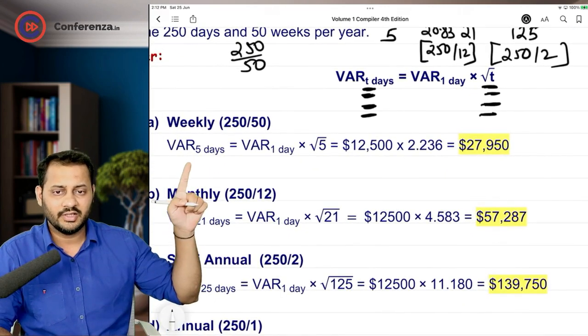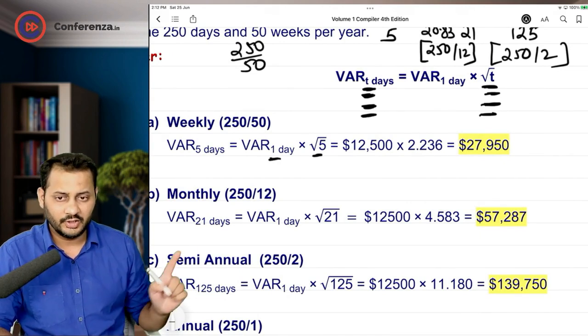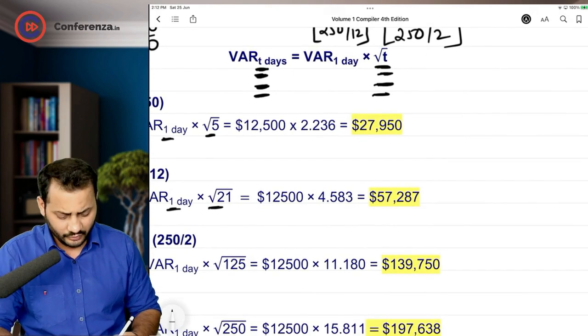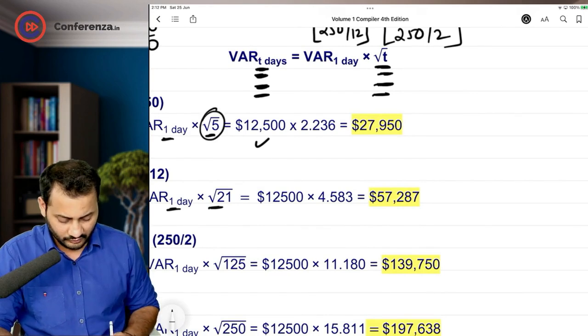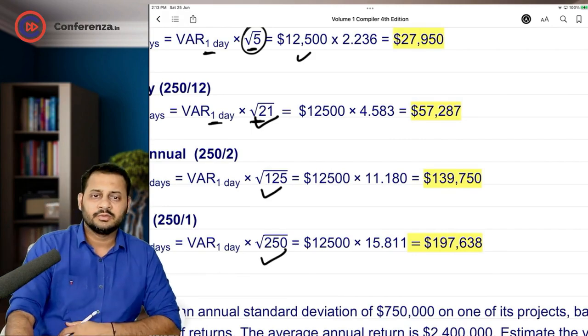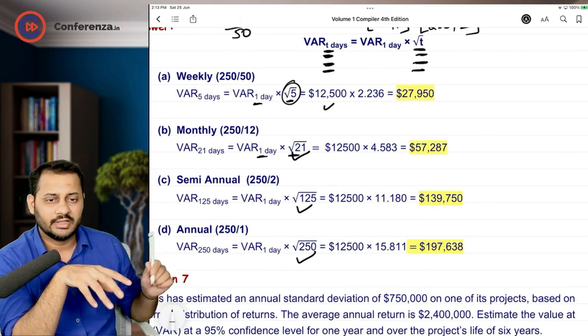VAR for 5 days, 1 day multiplied by under root 5. VAR for 21 days, 1 day multiplied by under root 21. That's it. You take the VAR for 1 day, multiply it with this much, and this much. You will get the answer. So in order to interpret, what we can do is like this.